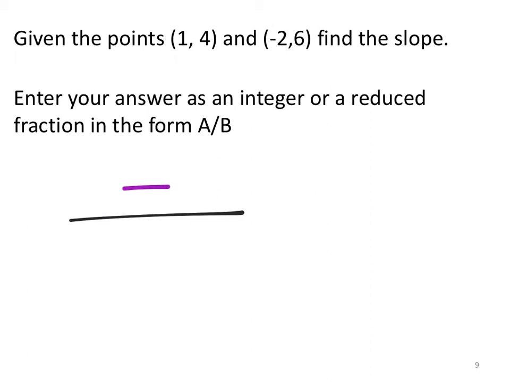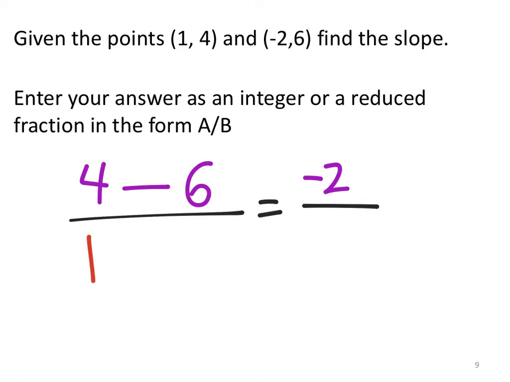So here's what I mean. If I just did this straight across from left to right, first point to the second point, I would want to find the change between 4 and 6, right? Now, that would be subtraction, and 4 minus 6 is negative 2. All right? And then I'd say, well, what are the changes in the x's? Well, that's my horizontal change. That's the run.